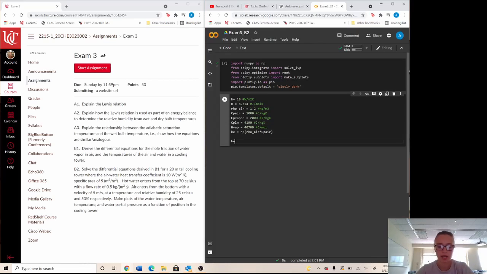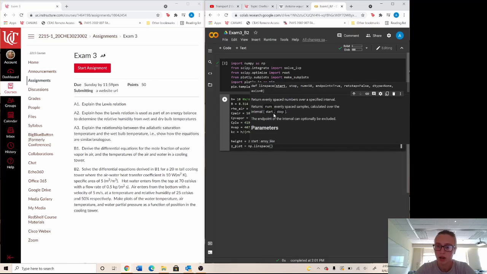So we're doing problem B2 of this exam. So we see that the height of the cooling tower is equal to 20 meters. And we can actually develop an array of different heights of the cooling tower. So I'm going to set it equal to a z value at every meter. So in order to do this, we can write a new variable. I'm going to call it z plot. It's equal to numpy.linspace, and then our parameters start, stop.